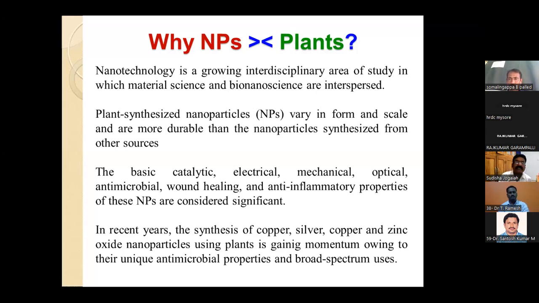As we know, the current trend of practicing recent applications of what we call nanotechnology is a growing interdisciplinary area of study which involves both material science and bio nanoscience.